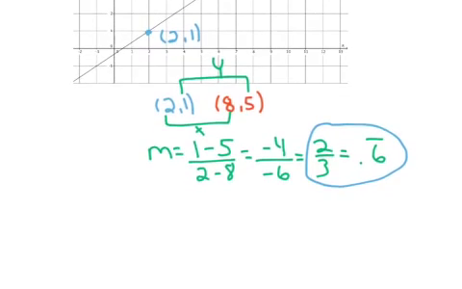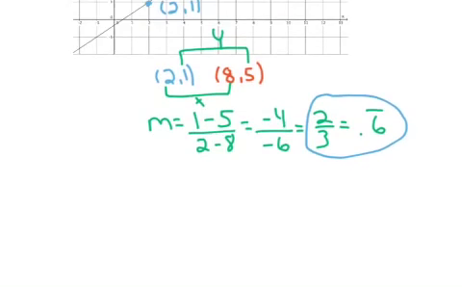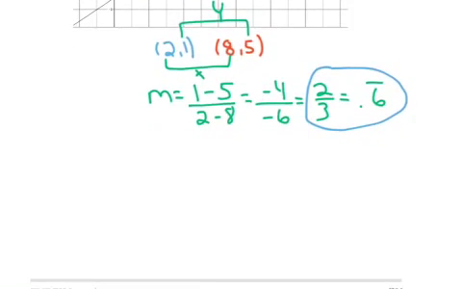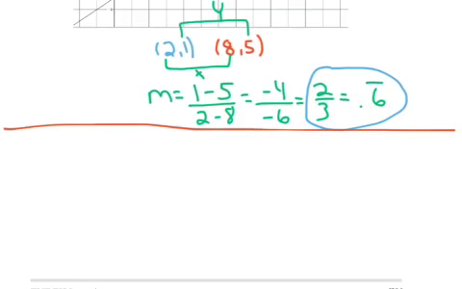Now some kids might say, well, why did you put the 2, 1 first and the 8, 5 second? Let's see what happens if I switch them. Let's see if I put the 8, 5 first and the 2, 1 second.